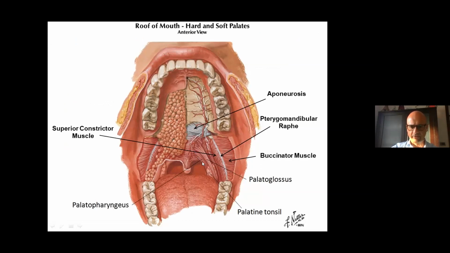So by performing the new pharyngoplasties, you move the palatopharyngeal muscle anteriorly and laterally to the raphe, and by performing loops with your sutures, you can get the palatopharyngeal muscle closer to the raphe.